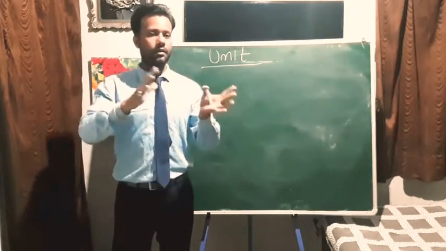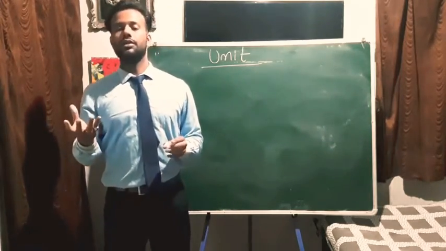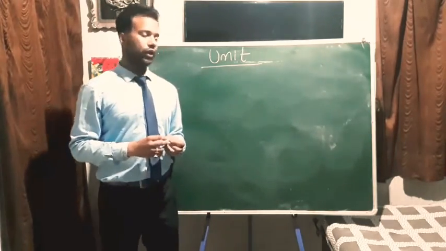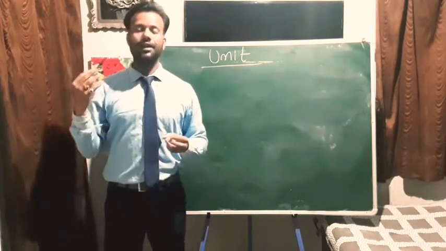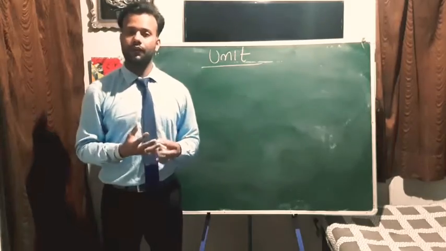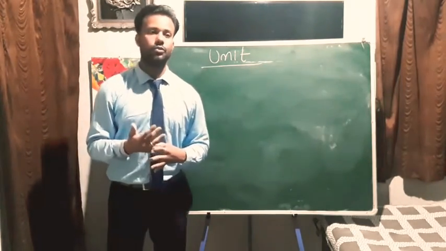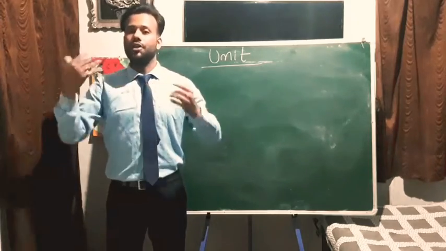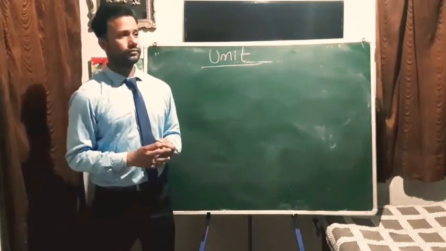So basically we are comparing with some standard quantity. This is your measurement. A unit is basically a standard quantity which is already defined, like second for time, to express measurements, right? These are the units.